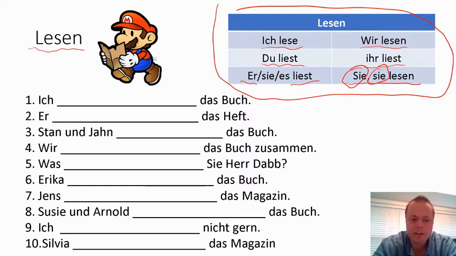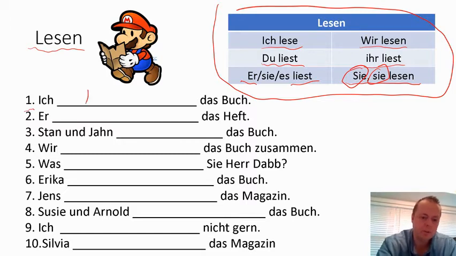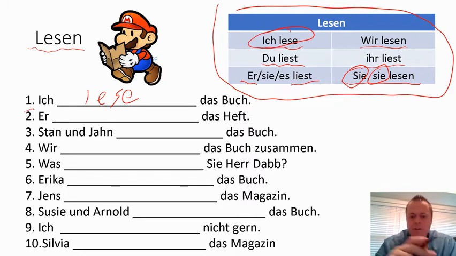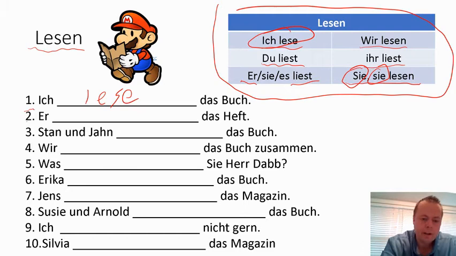So for Nummer 1, we see ich lese das Buch, right? Because if I look up here, ich goes with lese. Okay. Now we've got er. Er means he. So if I look up here, I see liest.